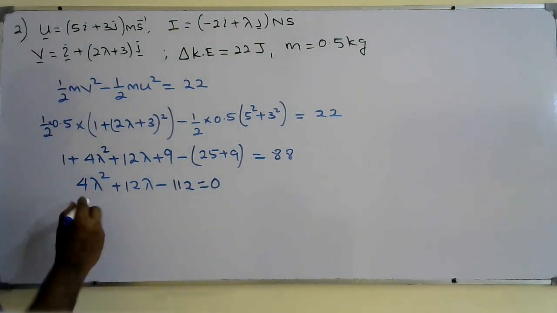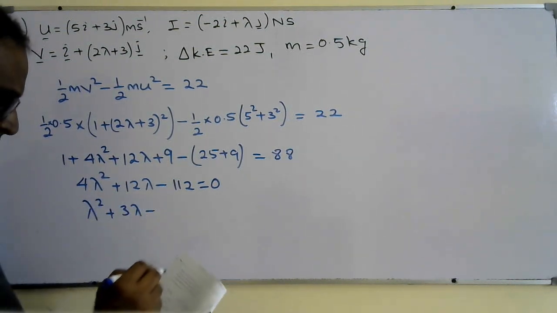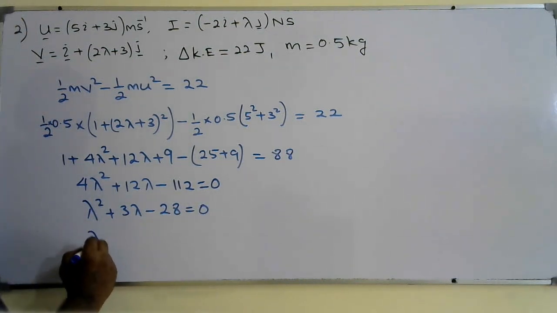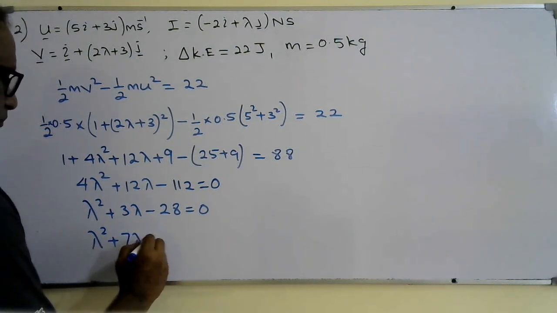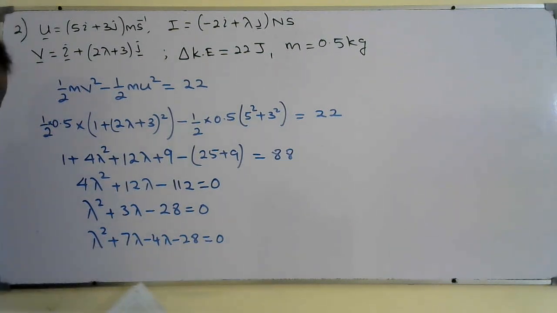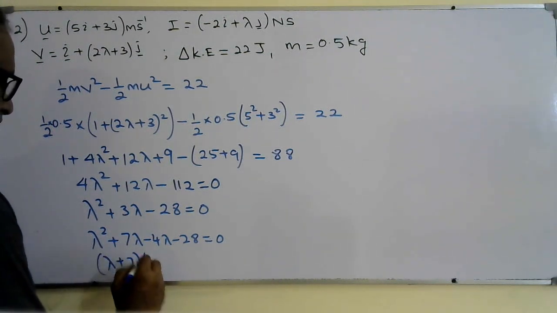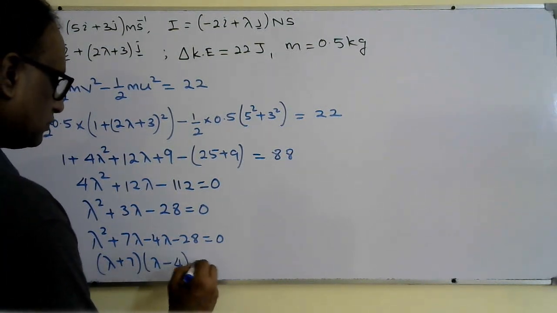So divide the whole equation by 4: lambda squared plus 3 lambda minus 28 equals 0. You can factorize it: lambda squared plus 7 lambda minus 4 lambda minus 28 equals 0. Factorizing, you get (lambda plus 7) into (lambda minus 4) equals 0.